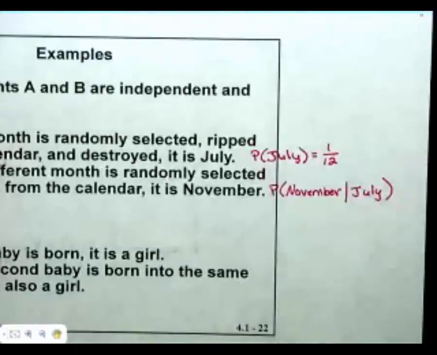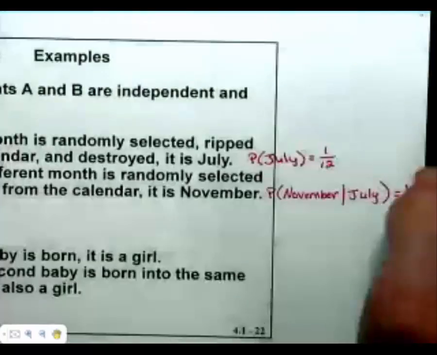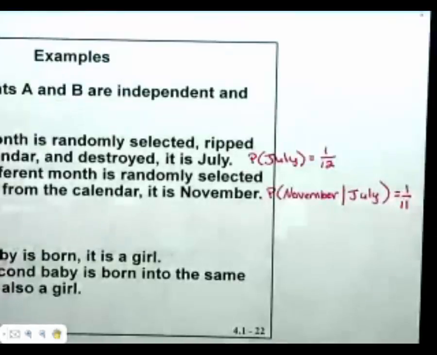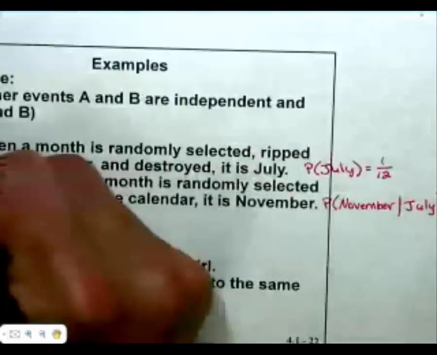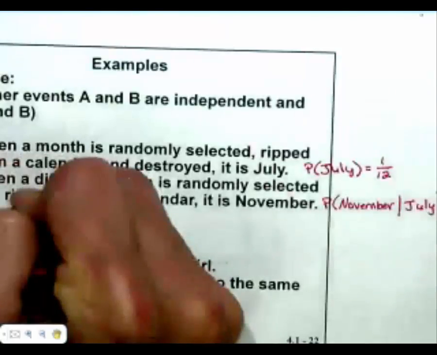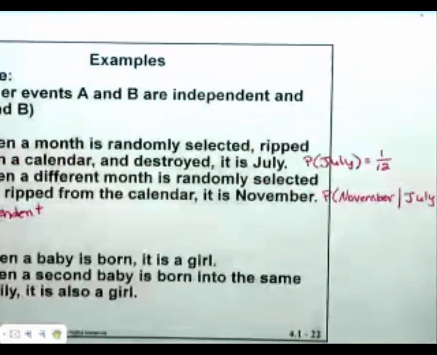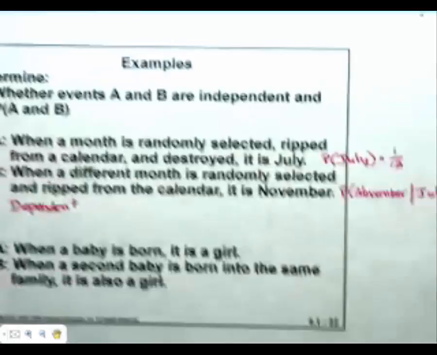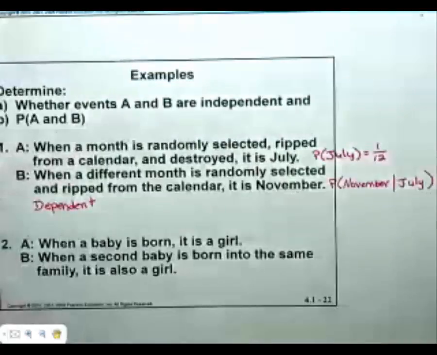So what's the probability you're going to get November on your second rip? 1 out of 11. Because those 2 events are dependent, that's why the probability in the B part is not the same thing as the probability in the A part.